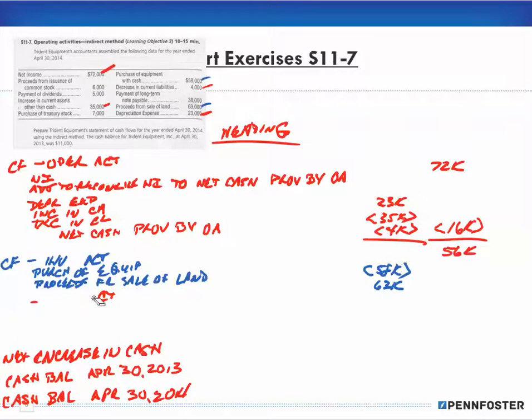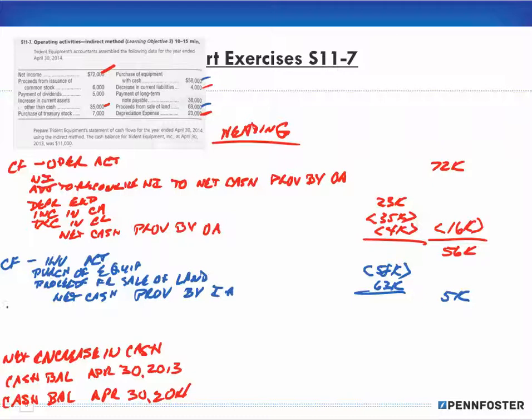I'm running out of space. It's going to be an issue here. So I have the net cash provided by investing activities, and that's going to be $5,000.